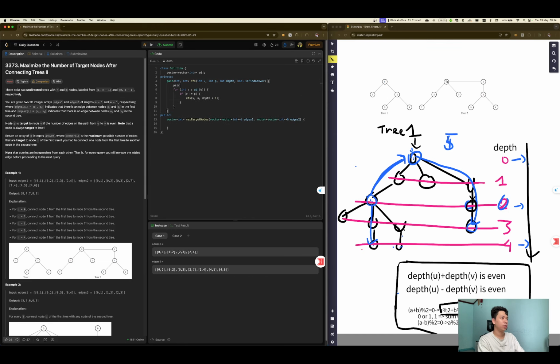This is press 0 0, and this, Jason right, first and second, count the even and odd nodes.